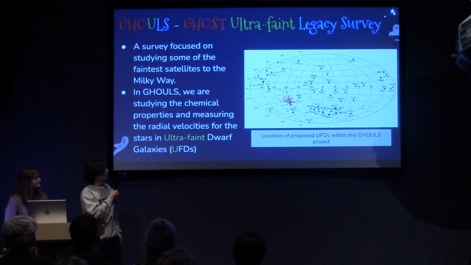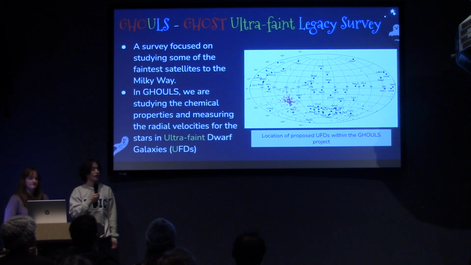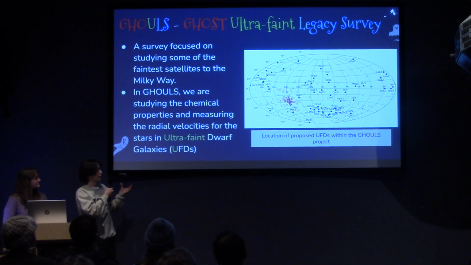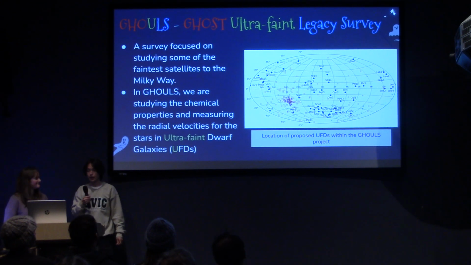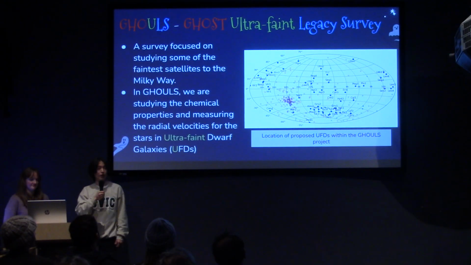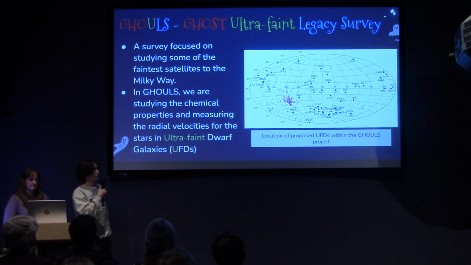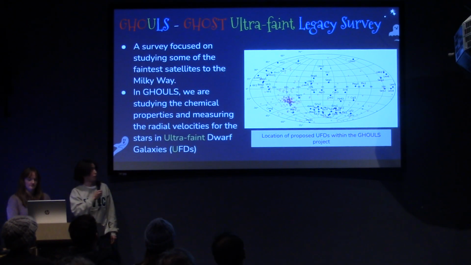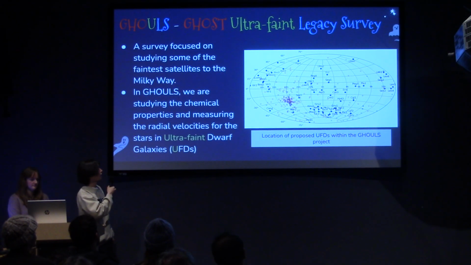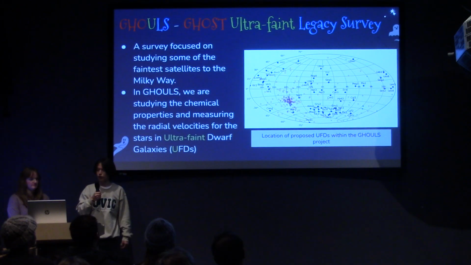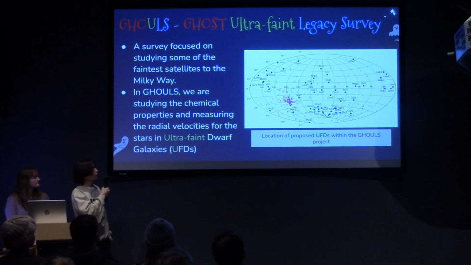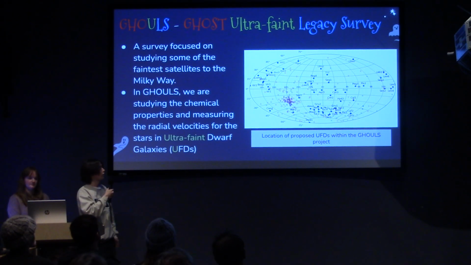Both of these are very important for understanding the makeup of these galaxies, which in this case are very, very old and very faint. The project GHOULS has been going on for a few years now. Many graduate students at UVic, including another undergraduate student, have also worked on this project.